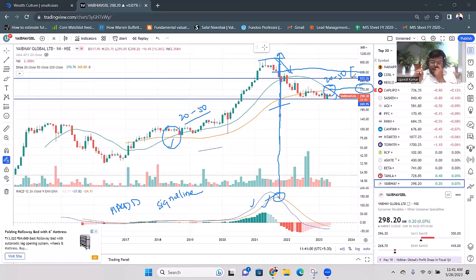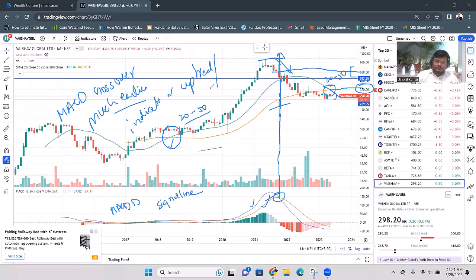So coming to the second use, the MACD crossover is a much earlier indicator of uptrend or downtrend. And your moving averages are a much slower indicator.